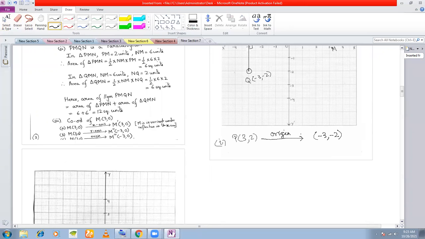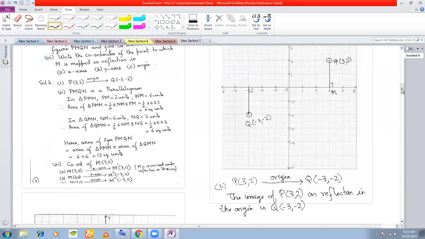And if you see, (-3, -2) is nothing but Q. So the image of P(3, 2) on reflection in the origin is Q(-3, -2). We would have written P dashed, but because Q is already available, that is why we have written Q.